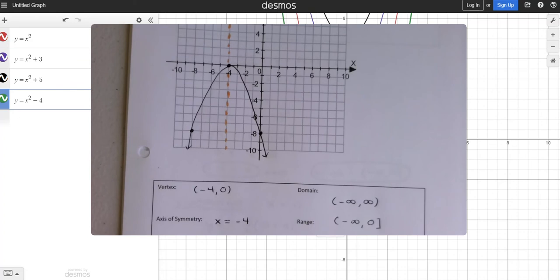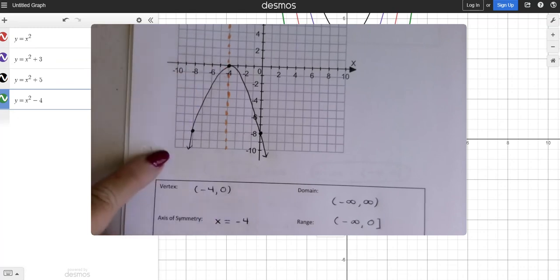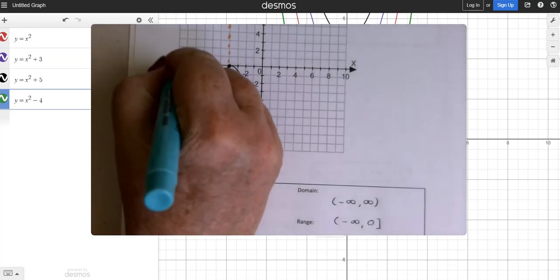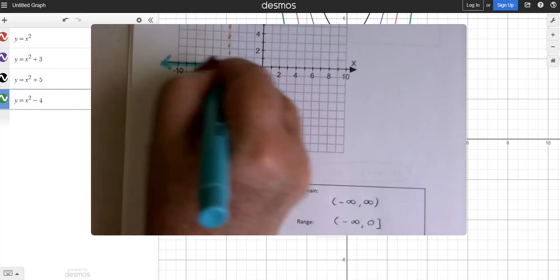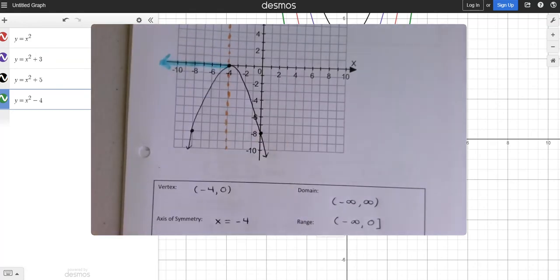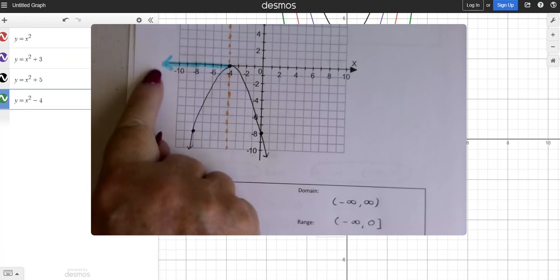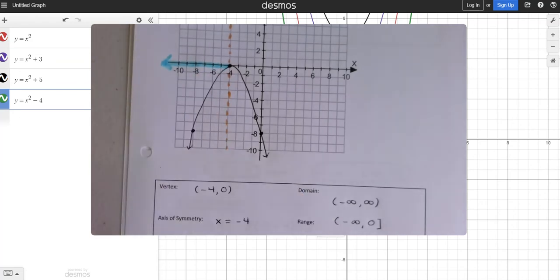My interval of increase, again, we always read left to right, and this graph is increasing right away. So all through here, we have an interval of increase from negative infinity to negative 4.